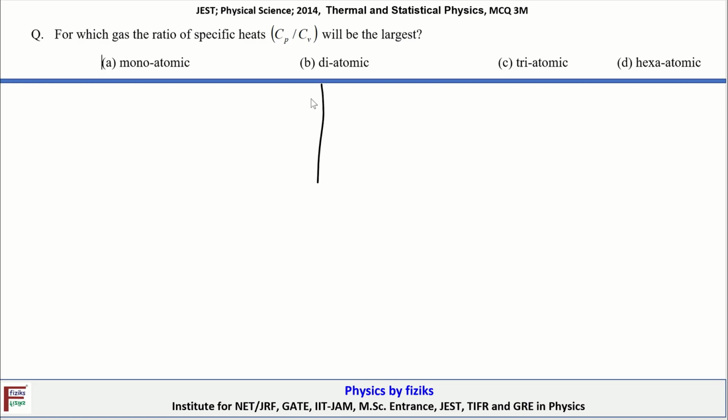Okay, so here note that the Cp by Cv ratio is basically the adiabatic index. One can evaluate Cp and Cv by knowing the corresponding average energy contribution by an individual gas molecule.